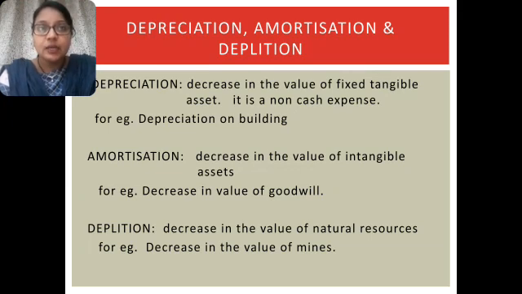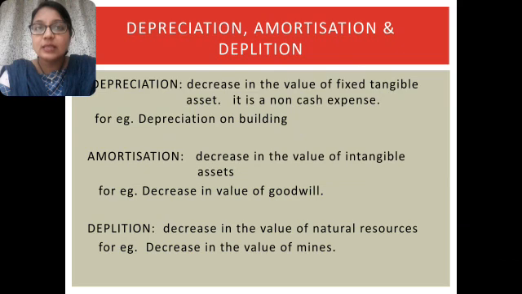Depreciation is a decrease in the value of tangible assets. So whatever assets you can see and touch, like car, building, furniture, etc., if the value of those tangible assets is decreasing, then you will say that it is depreciated, and it is a non-cash expense.